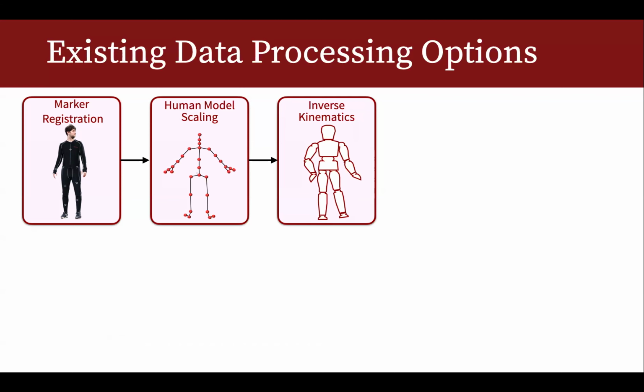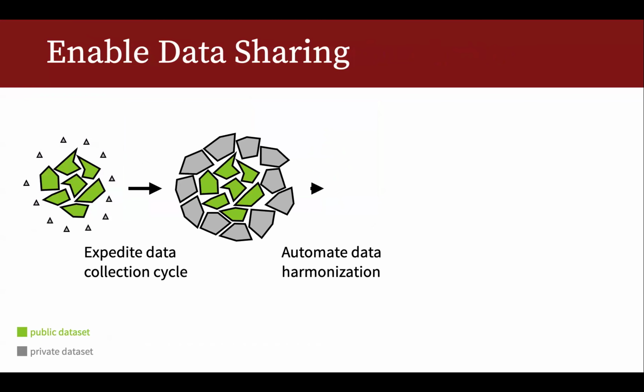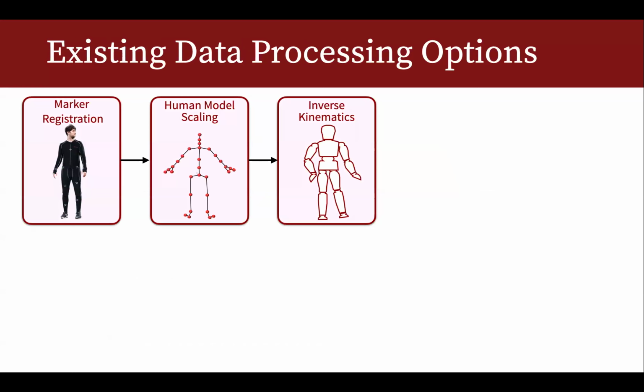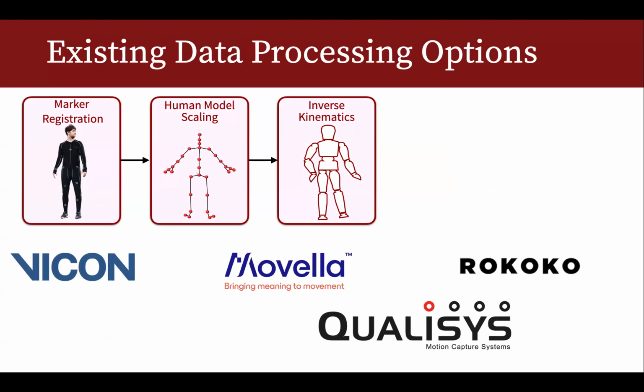I think most of the people who are in this domain are probably wondering right now, why do we need motion capture processing? We have the tools for that already, right? Those companies that sell your motion capture system come with that software. Why do we have to solve this problem again? This is actually a misconception, because all those tools that you're using, if you really try them, are not really automatic.